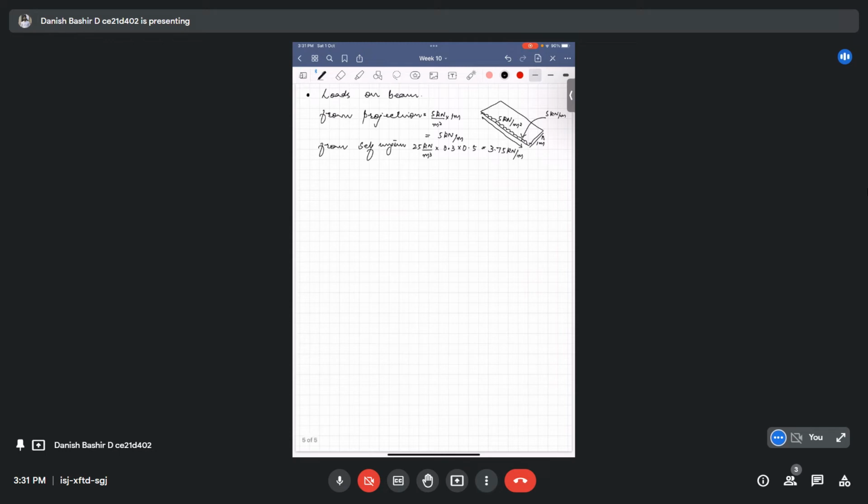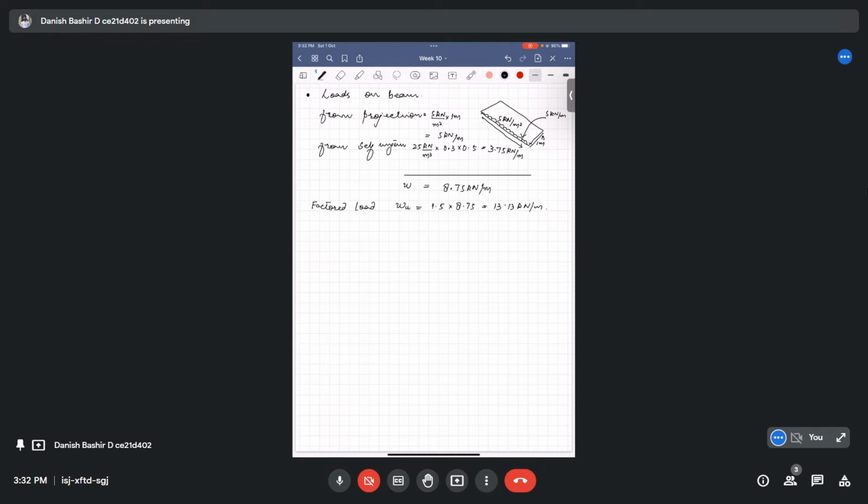When we sum it up, we get 8.75 kilonewton per meter W, a uniformly distributed load. So the factored load on the beam, denoted by Wu, is 1.5 as load factor times 8.75. It comes out to be 13.13 kilonewton per meter.